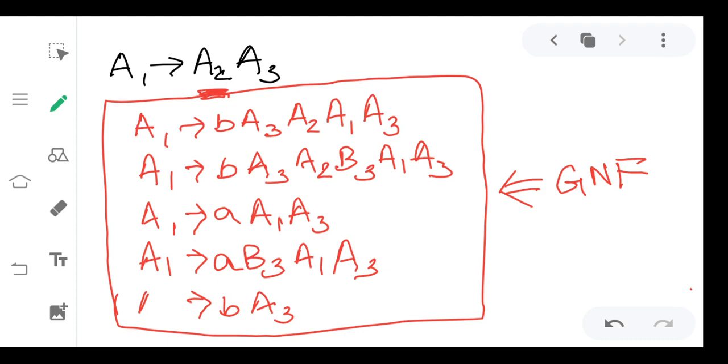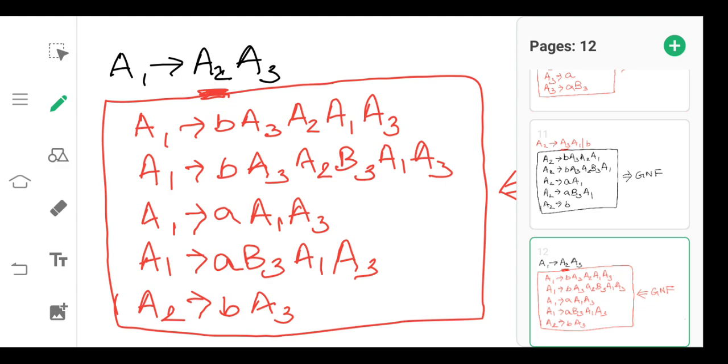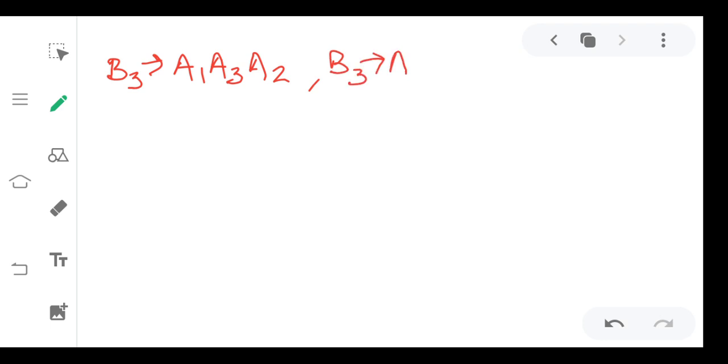And then finally I have to check the productions of B3. So for B3 I have two productions. B3 produces A1, A3, A2, and the B3 produces A1, A3, A2, B3.